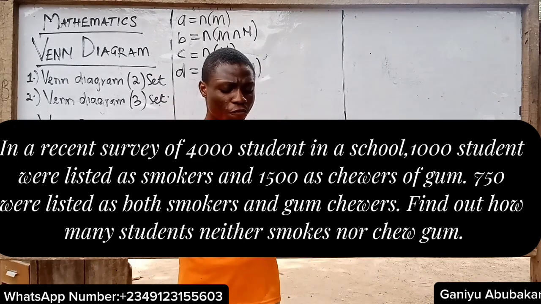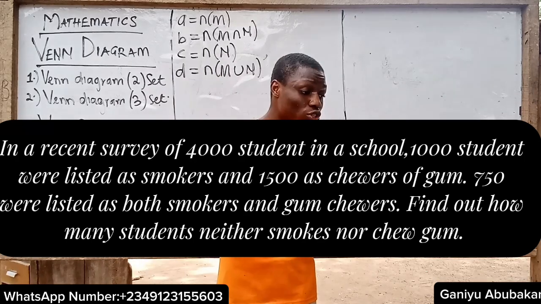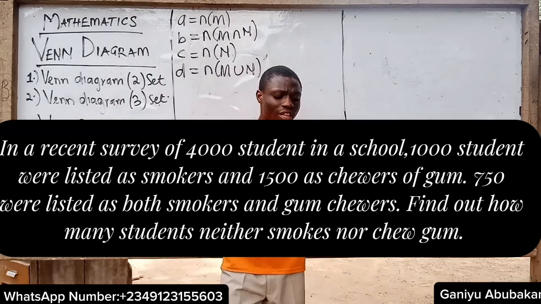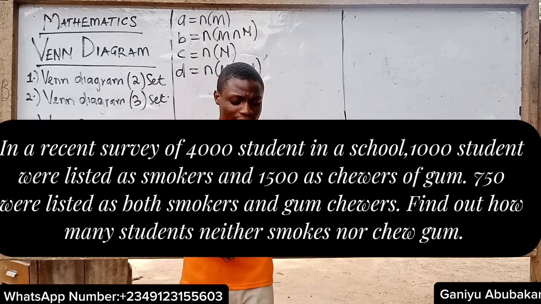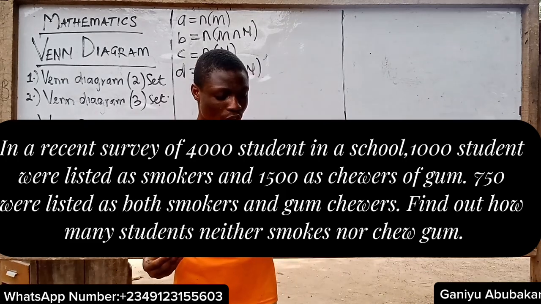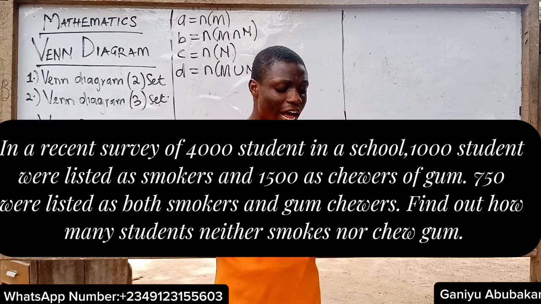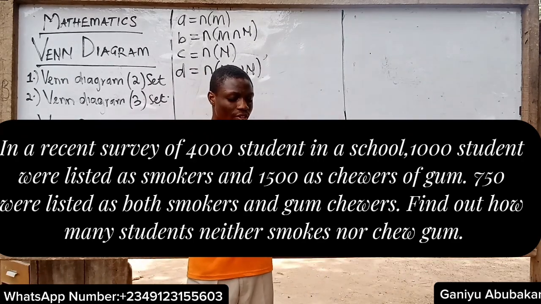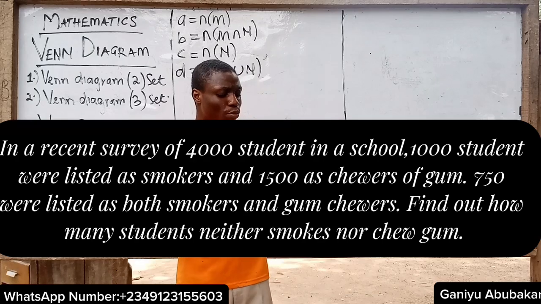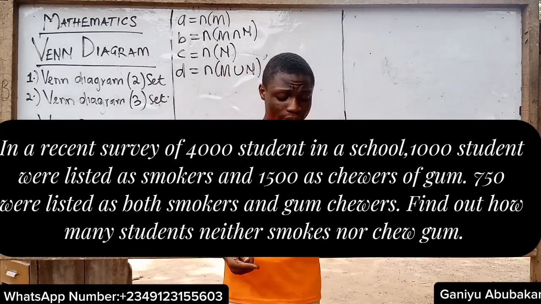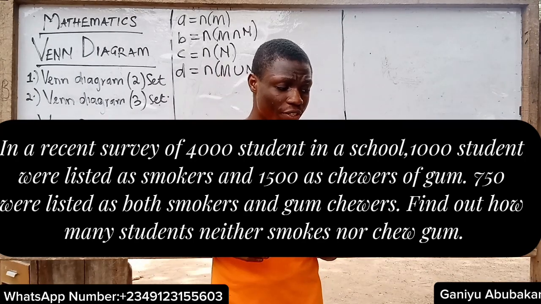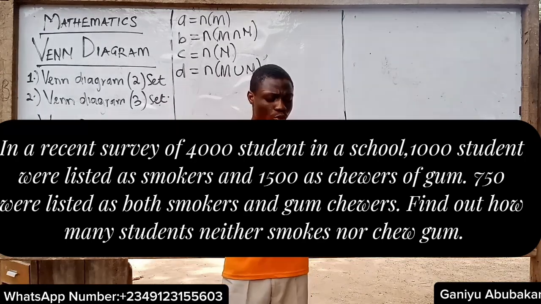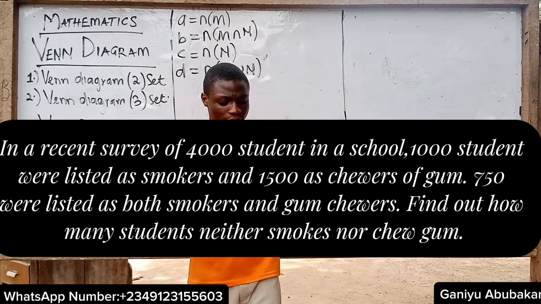I said in a recent survey of 4,000 students in a school, 1,000 students were listed as smokers and 1,500 as gum chewers, 750 were listed as both smokers and gum chewers.